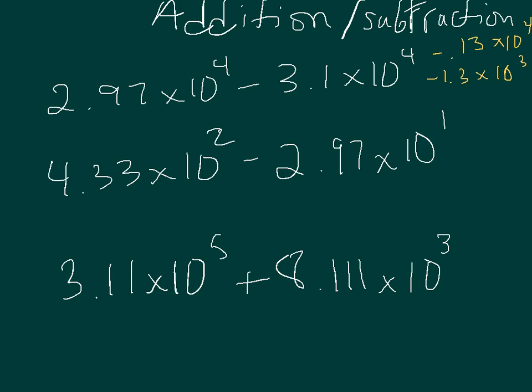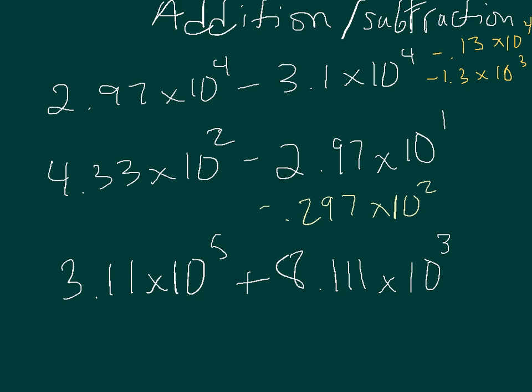So let me put that in a different color. So this actually should read 2.97, oops, I just wrote down the same exact thing. What it should read is minus 0.297 times 10 to the second, because remember, when you move the decimal over to the left, the exponent increases.